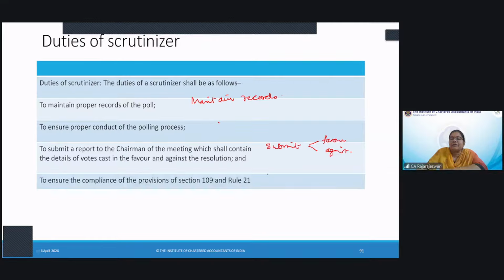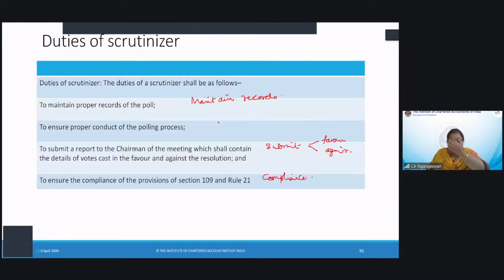So that he should ensure compliance. If they ask you what are all the duties of a scrutinizer, you have to write all these 4 points: maintain records and proper conduct of the polling process; submit a report to the chairman, and that statement should specify votes cast in favor of the resolution and against the resolution; and it is his duty to ensure compliance. So these 4 points you should make a note of and write.